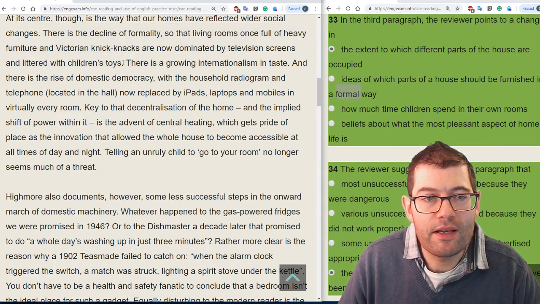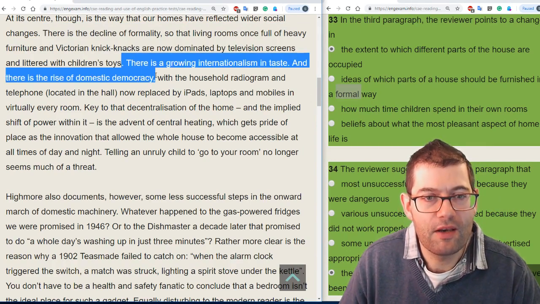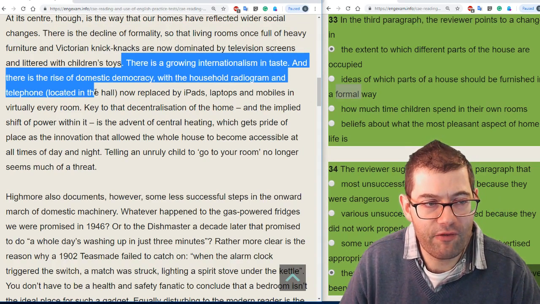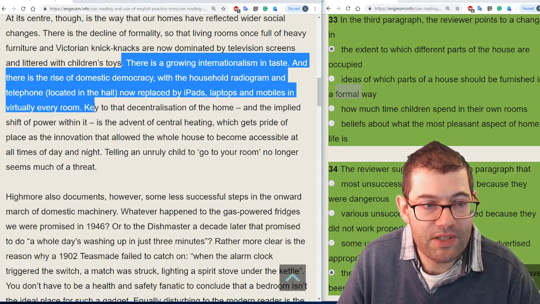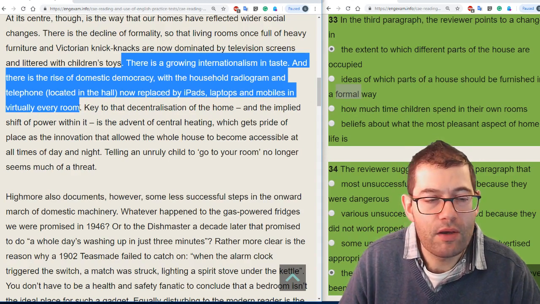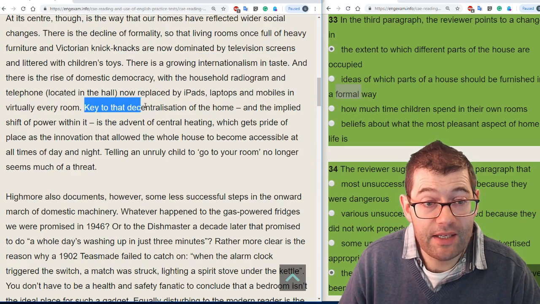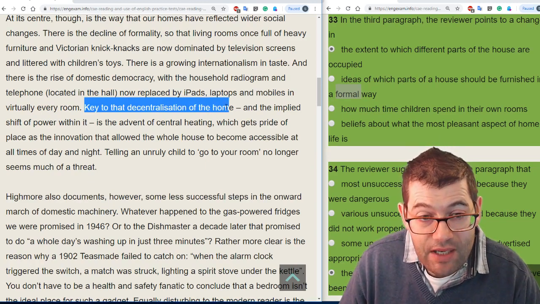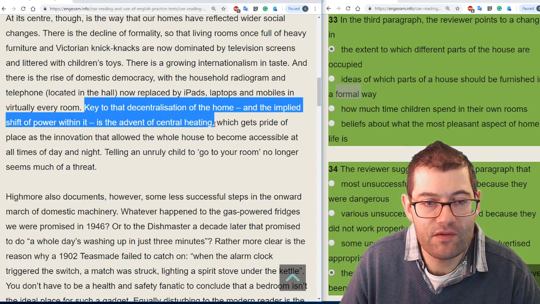There is a growing internationalism in taste, and there is the rise of domestic democracy, with the household radiogram and telephone located in the hall, now replaced by iPads, laptops, and mobiles in virtually every room. And then that idea is developed. The key to that decentralization of the home and the shift of power within it is the advent of central heating.